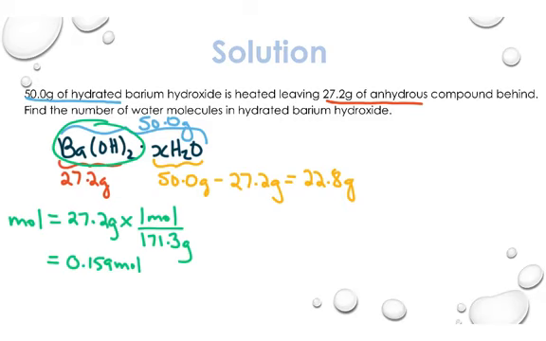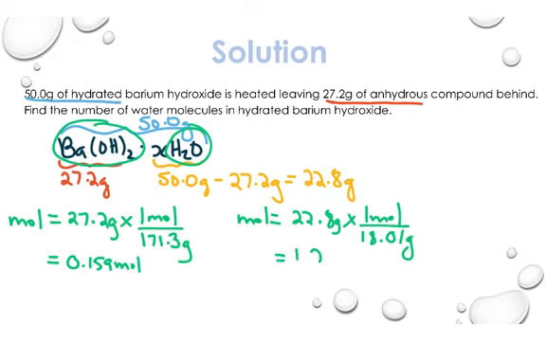Now I'm going to do the same thing on the water side. So I'm going to figure out my waters. Moles of water is going to be 22.8 grams times my 1 mole over molar mass for water is about 18.01 grams, leaving me with about 1.27 moles.